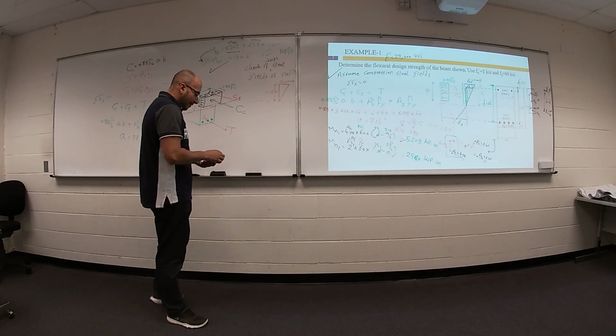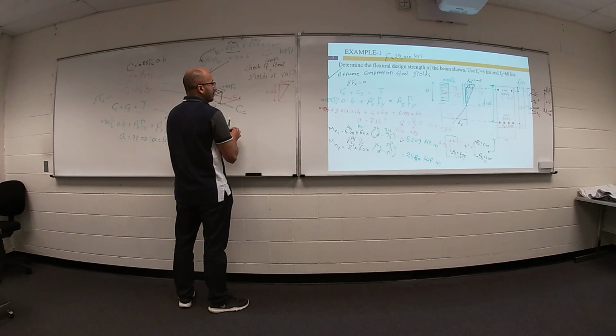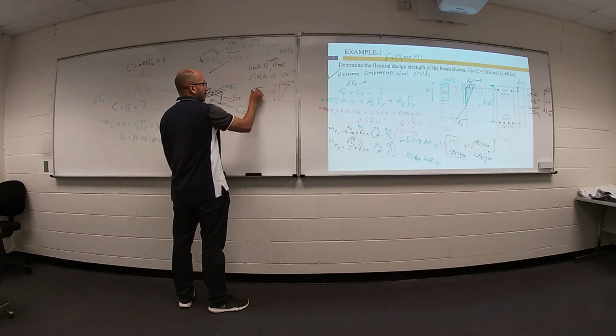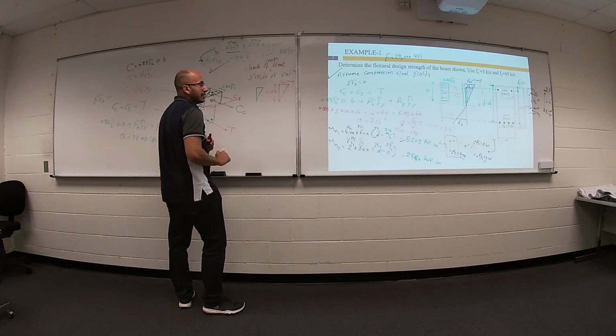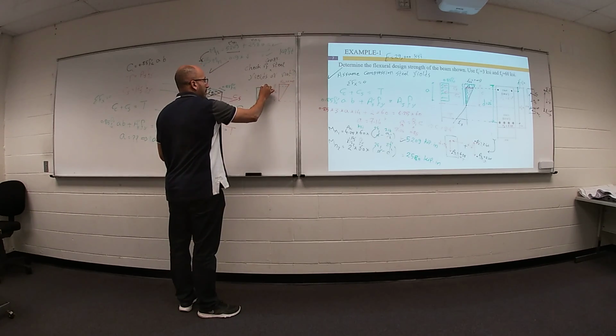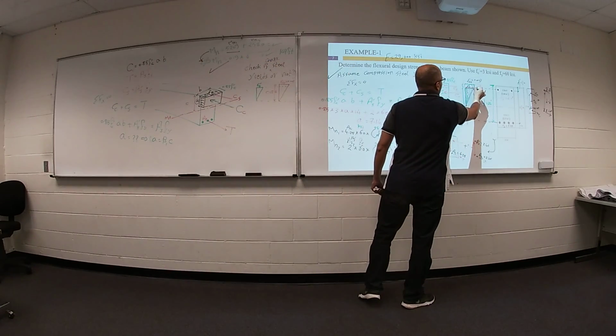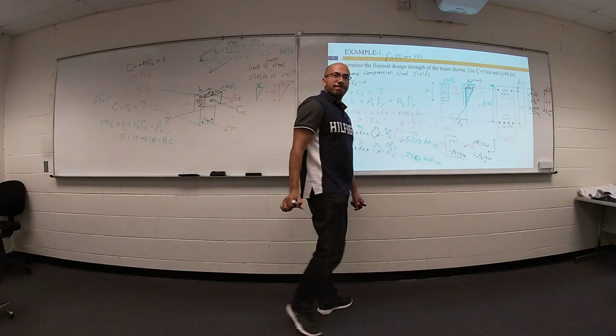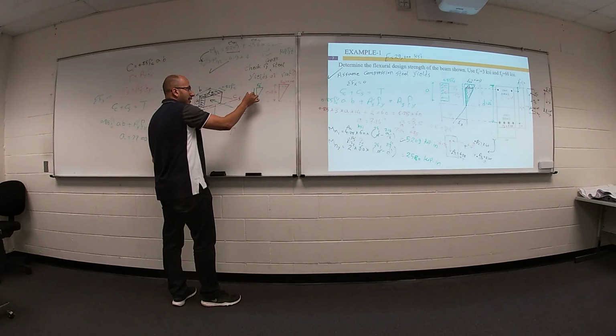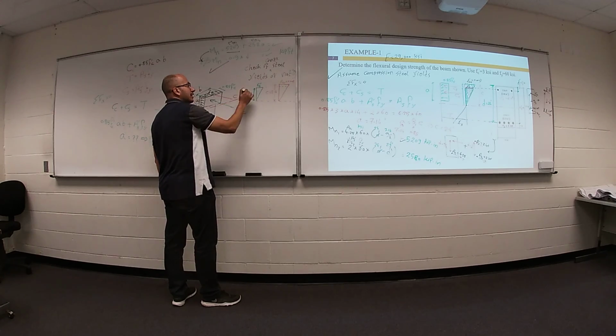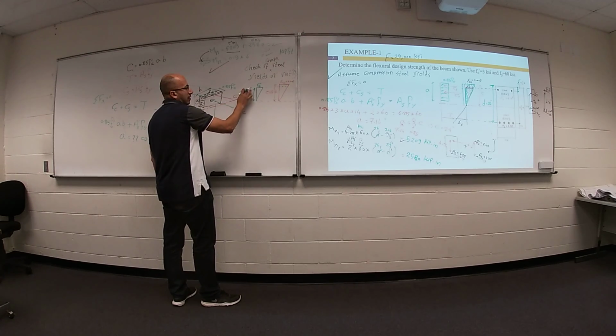The second triangle, smaller than this one, like this. Epsilon c, epsilon s prime. This little triangle. Do you agree? This distance will be c, the total one, minus d prime.